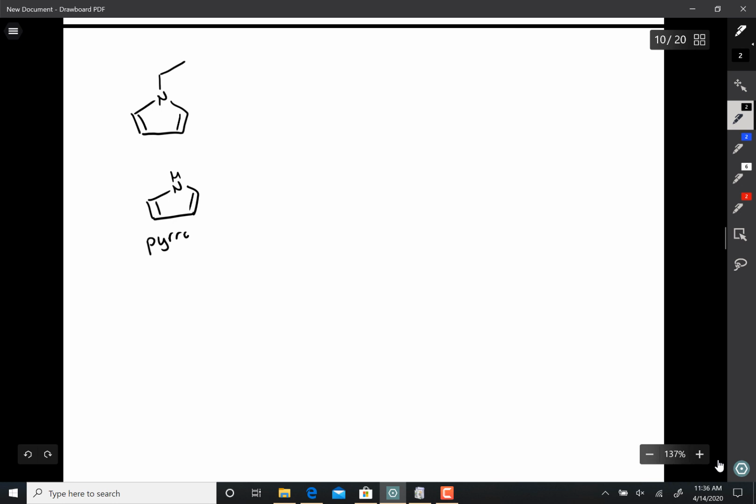It's called a pyrrole ring, and it's aromatic. Another pyrrole that's actually quite famous, although it's a little complicated. Let me make sure I draw this correctly. Like so.